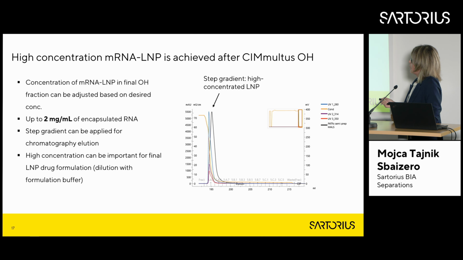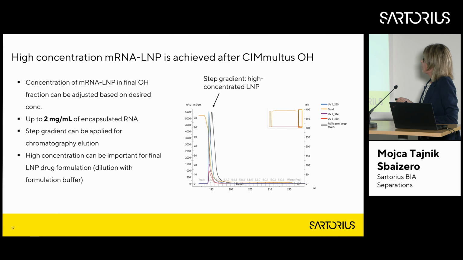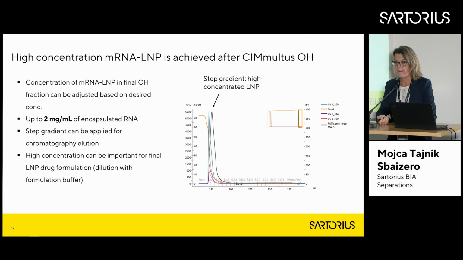If we load a lot of material and do step gradients, meaning very fast elution straight to the elution buffer, we get up to 2 milligram per milliliter of encapsulated RNA in the final elution. This can then be monitored, and you can also dilute it to reach your final buffer composition for the drug product.